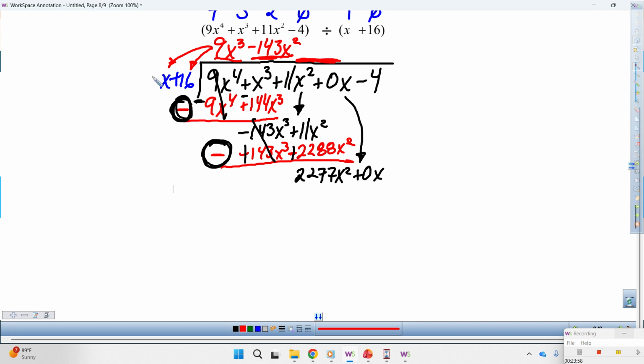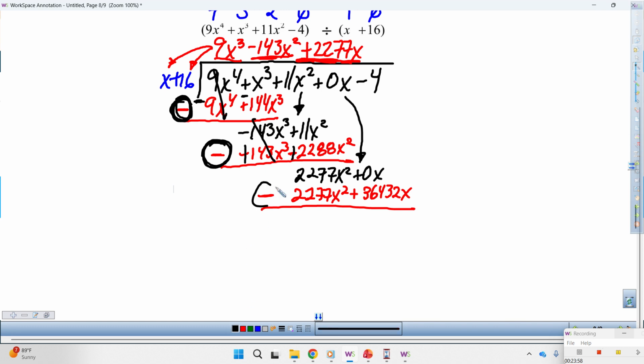So, what number times x gives us 2277x squared? That is positive 2277x. Is that correct? Yes, so that gives us 2277x squared. And 2277 times 16, let's see, calculators. 36,432x.